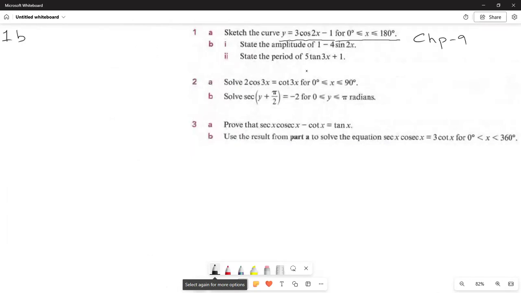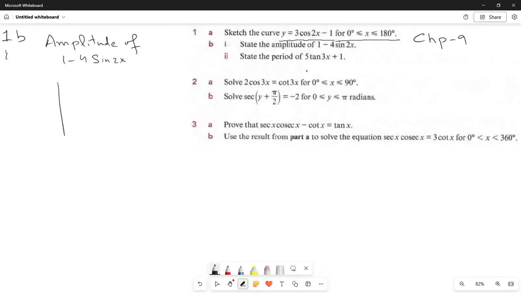Okay, it has again 2 parts. One is still the amplitude. We need to find the amplitude of 1 minus 4 sine 2x.